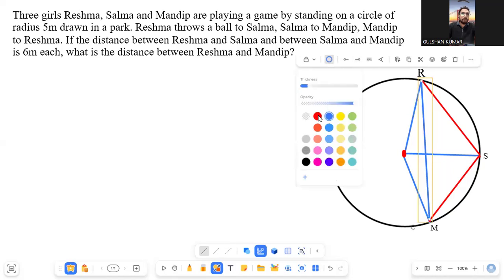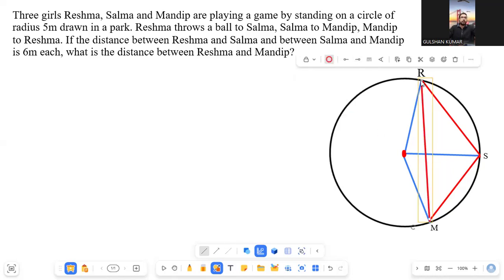First Reshma throws the ball to Salma, Salma to Mandeep, and Mandeep to Reshma. This is the basic idea of the whole question.